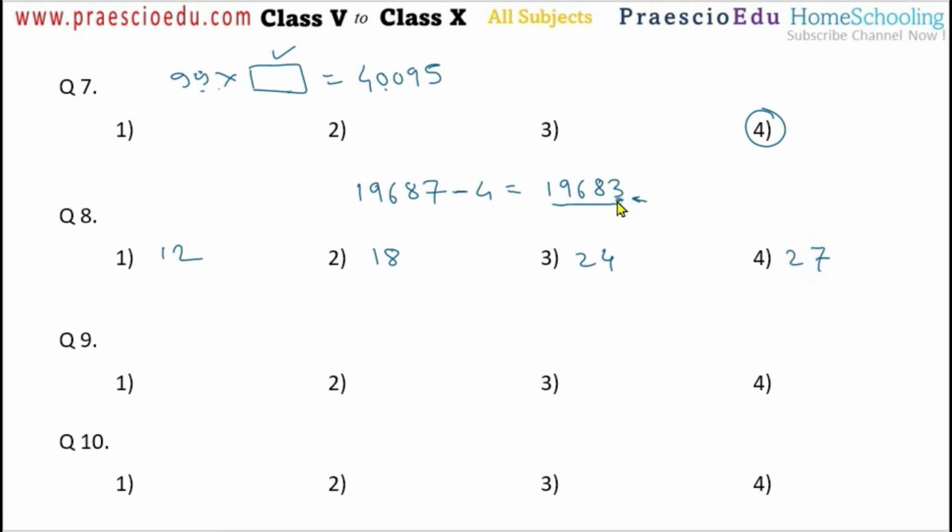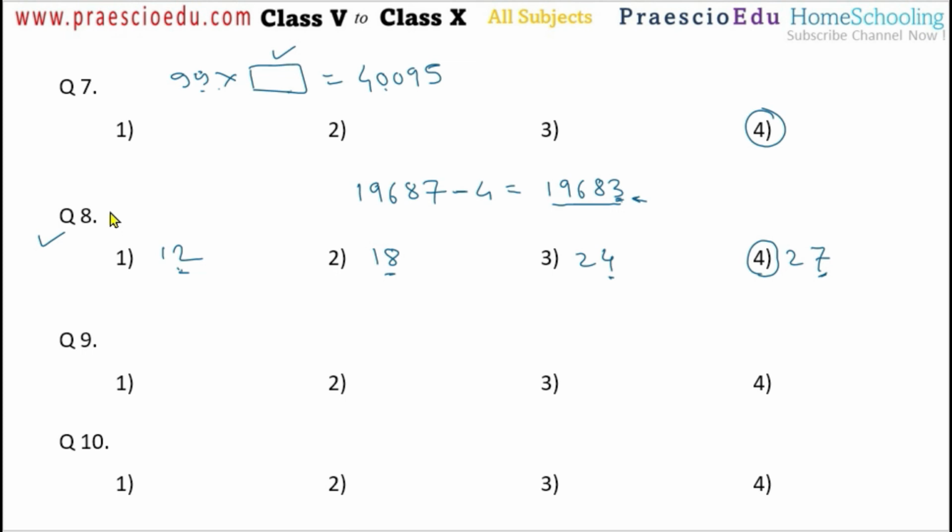Now this is an odd number, and if we multiply any number by an even number, the product is always even. So the number should be odd, and 12, 18 and 24 are even numbers, so these three options are not possible. 27 should be there, because 7 is odd. So option number 4 is the correct one for question number 8.